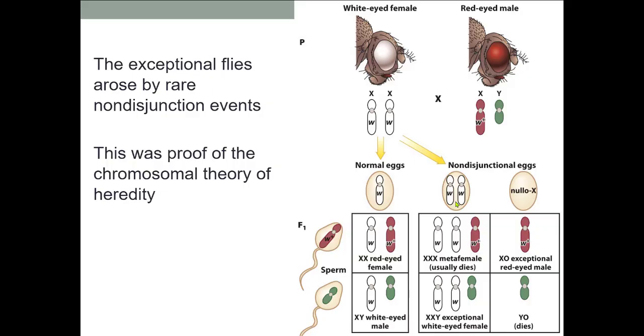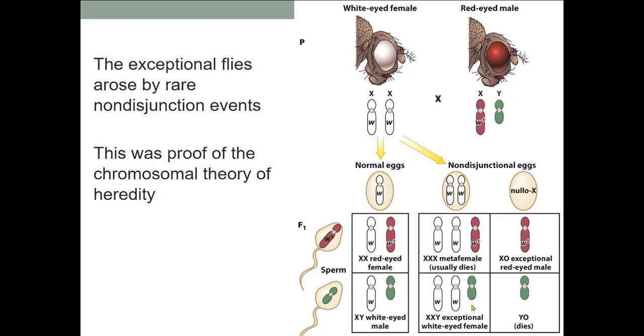If that diplo X egg joined with a Y-containing sperm, we would get an XXY, which would be here now white-eyed, and it's still listed as female. And the reason for that is that although fruit flies use X and Y like humans do, we'll see at the end of the chapter, the naming of these things is different.